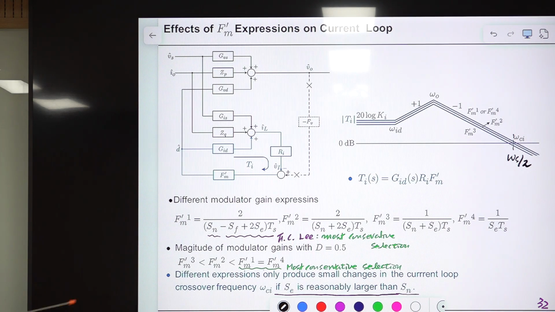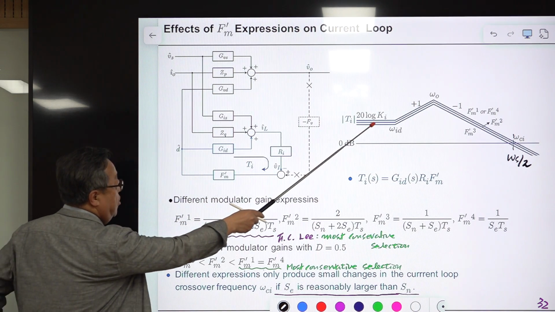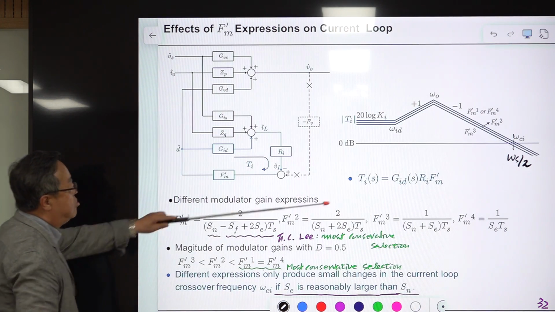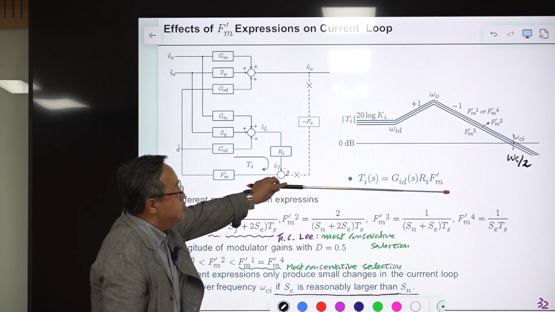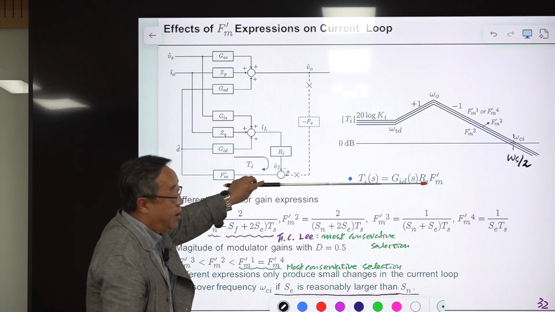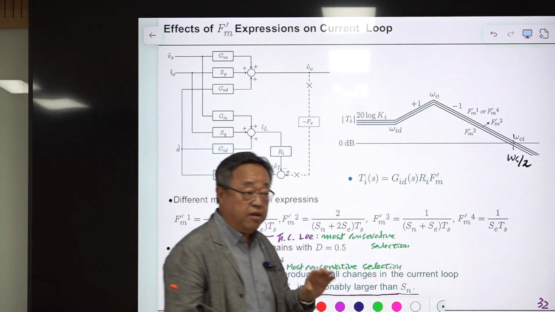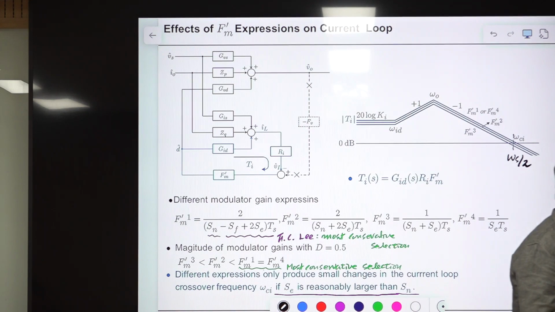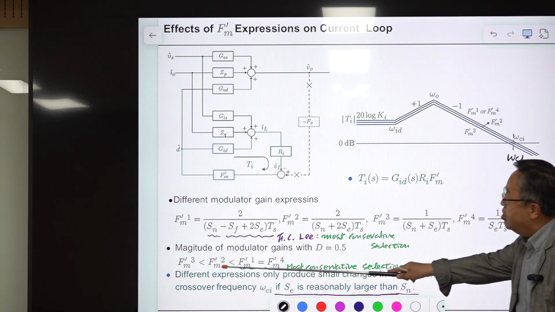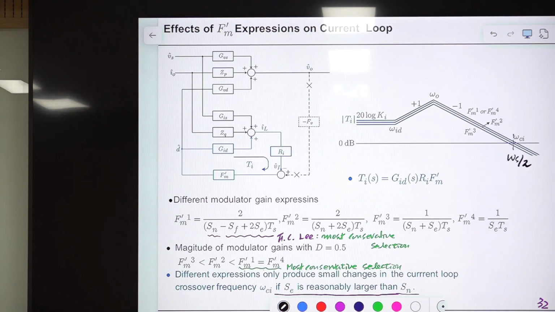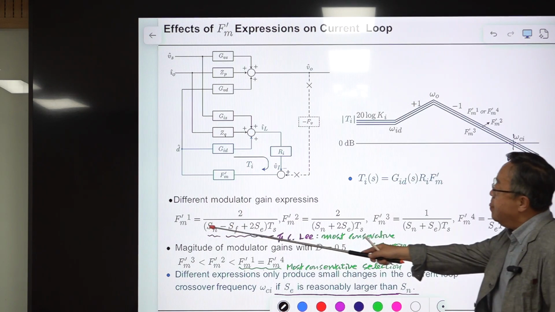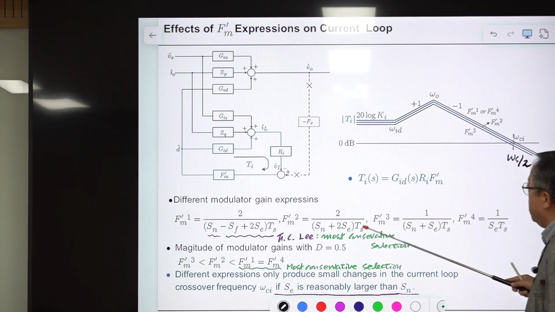So we have 3 different curves. The difference between them is, this is the expression for the current loop, Gid times Ri. Ri is the current sensing network gain, and Fm prime is the modulator gain of current mode control. And we have different expressions for it. At least 4 different expressions have been proposed: Fm prime 1, 2, 3, 4.